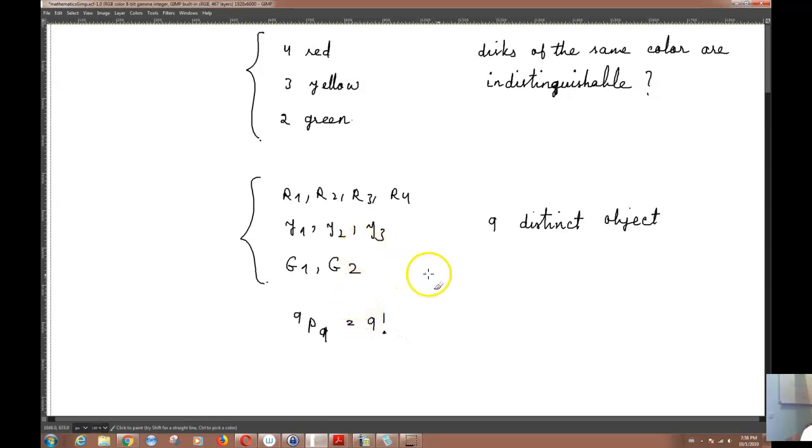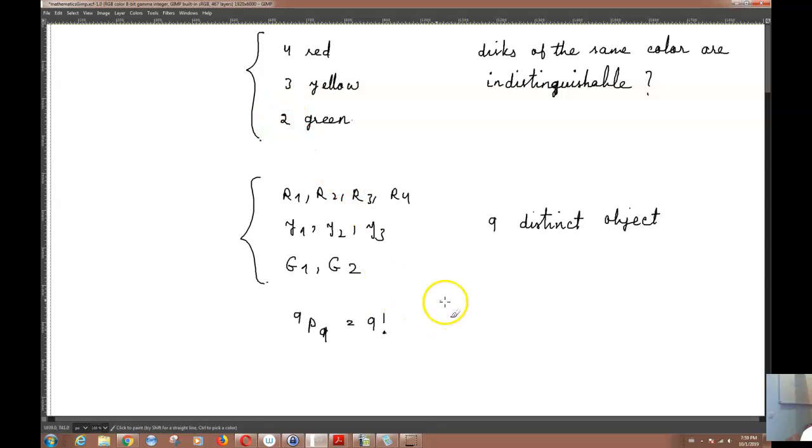Now, since some of these objects are indistinguishable, you have to take their permutations out, meaning that once you have this number, you then divide by the number of permutations of the 4 red discs, the 3 yellow discs, and the 2 green discs.